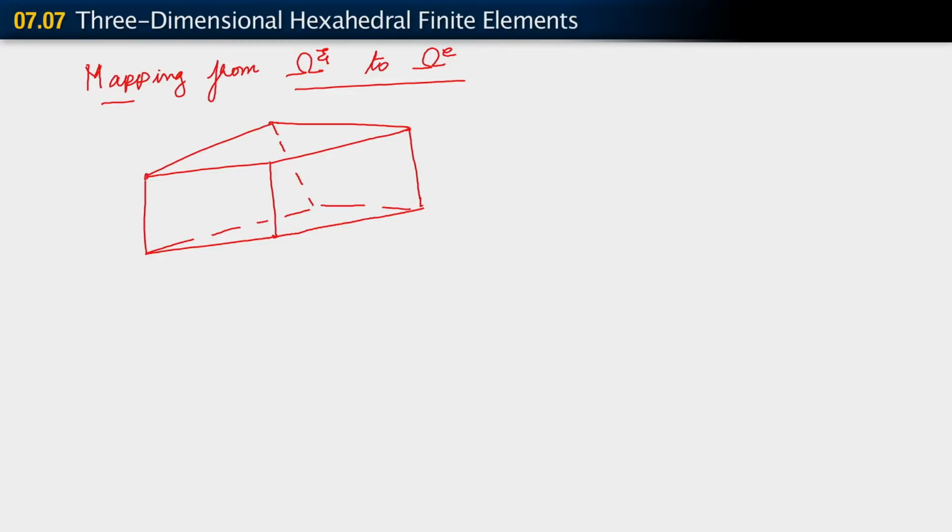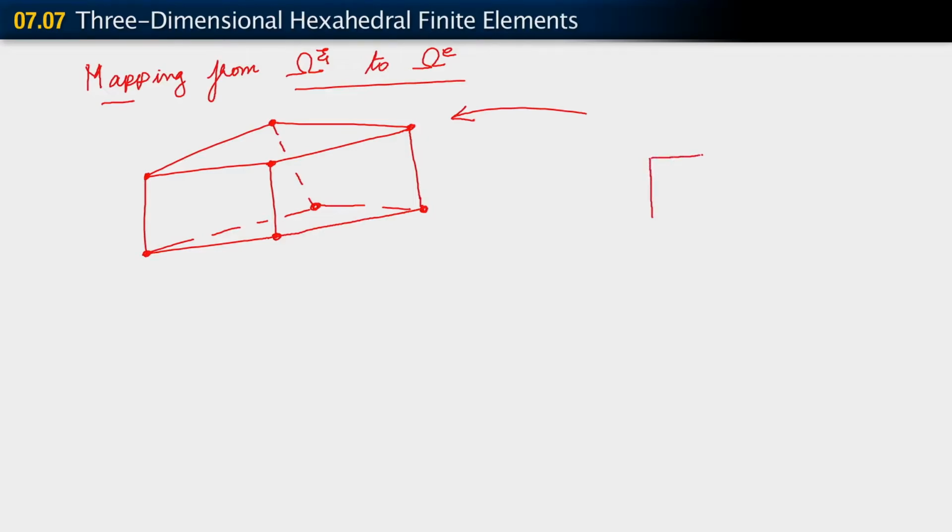Okay, 8-noded still. Okay, but now the point is that we say that this is obtained from a mapping from a domain in which things are indeed regular.